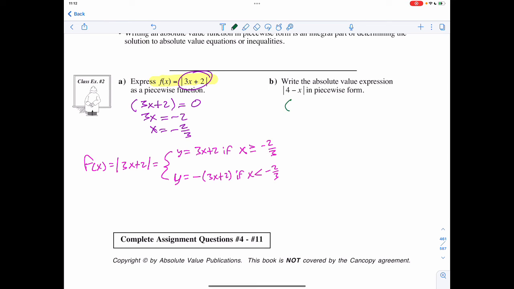If 4 minus x, what this function is, when I take the absolute value of it, has to be a positive number, that's going to be greater than or equal to 0. So negative x would be greater than or equal to -4, and when I divide by a negative, the direction of the sign changes. So anytime I see a negative before the x in here, then the inequality is going to go in a different direction.